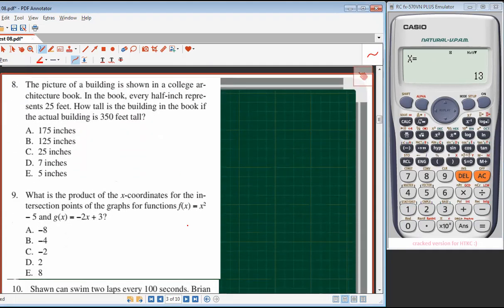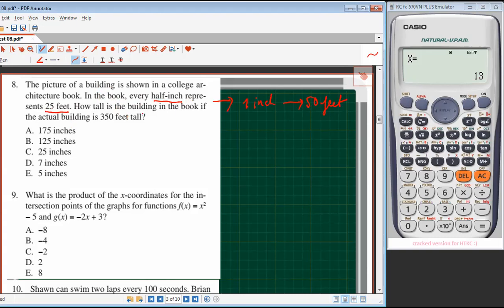The question number 8. The picture of a building in the book, every half inch represents 25 feet. This one means that 1 inch represents 50 feet.